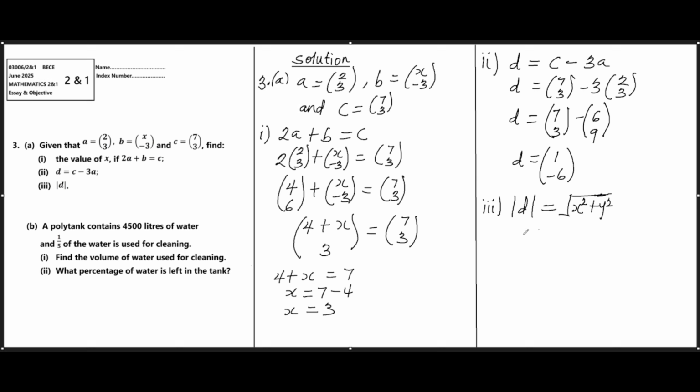So the magnitude of vector d, we have the square root of x squared. So the x component here is 1, so we have 1 squared plus y squared. So the y component here is minus 6, so minus 6 all squared.